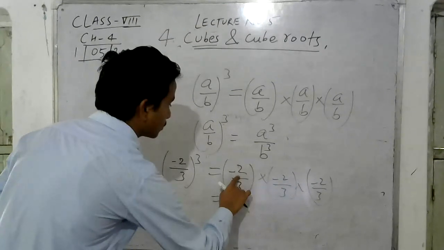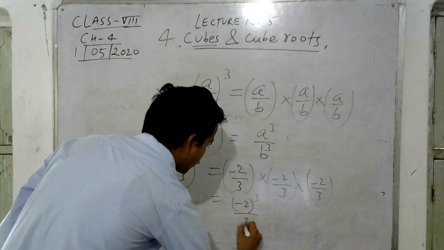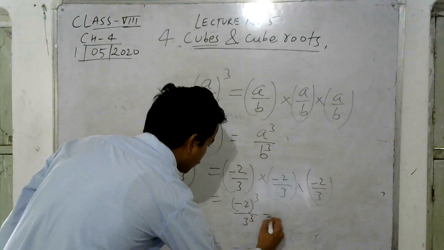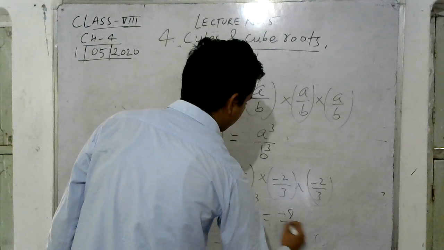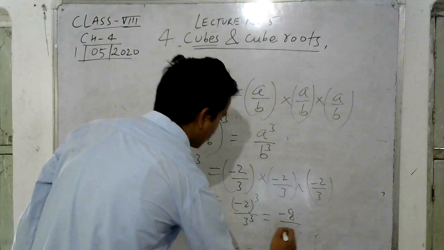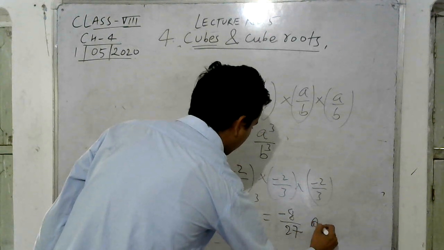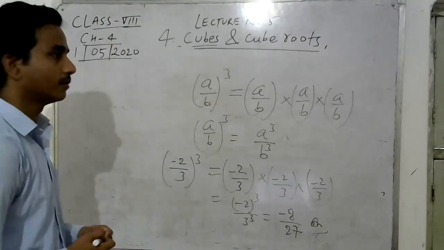Now -2 into -2 into -2 is -2 whole cube divided by 3 cube. What is the cube of -2? We have calculated -8 divided by the cube of 3, which is 27. This is our answer. In this way, you will find the cube of a rational number.